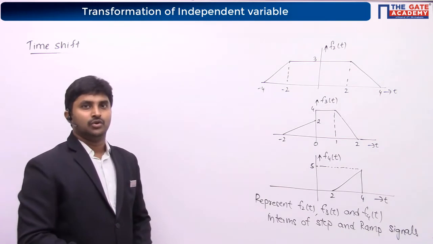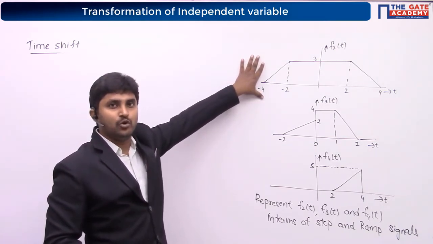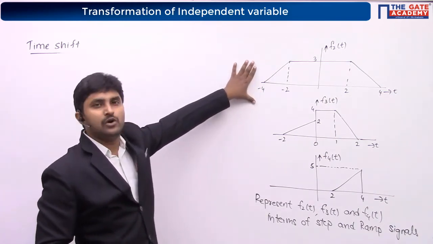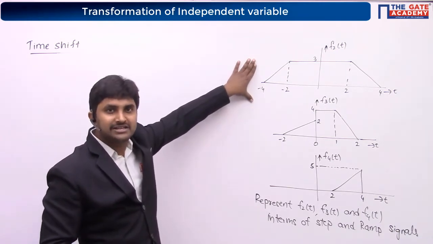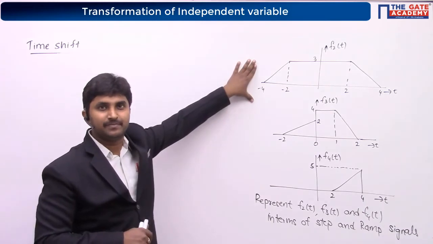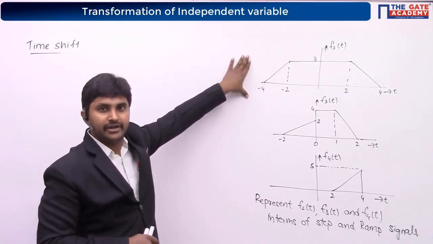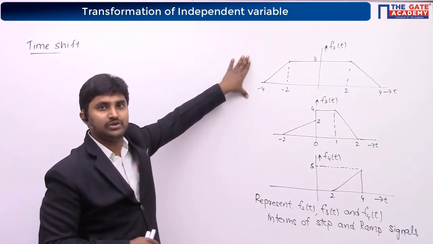Now, first of all, we'll look at F2 of t. Looking at F2 of t, do we sense any particular point where there is a sudden increase or decrease in the value of amplitude?